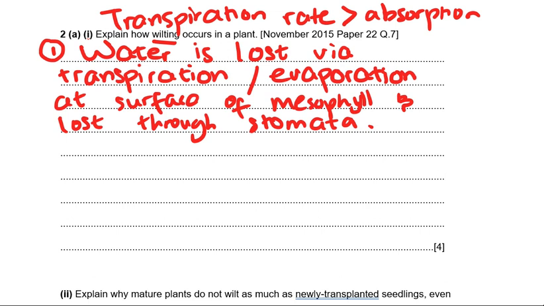You can just say water is lost via transpiration, or you can say water is lost via evaporation. So this is like the sentence. You would stop here, or you would continue from here to here.